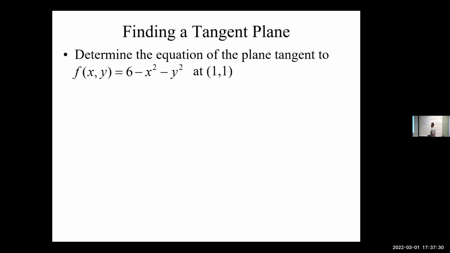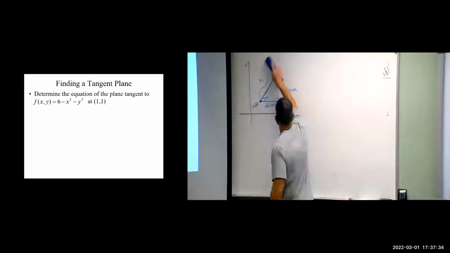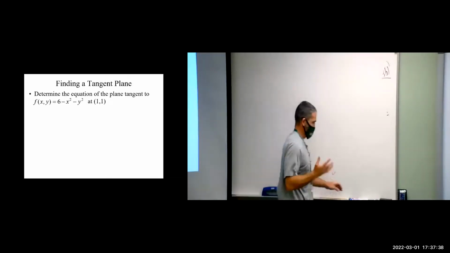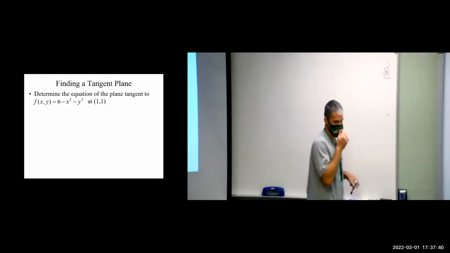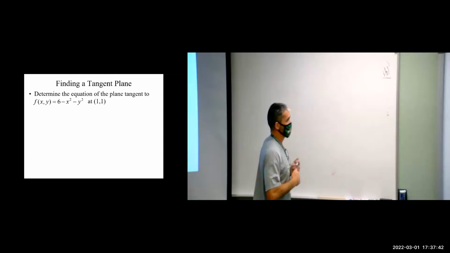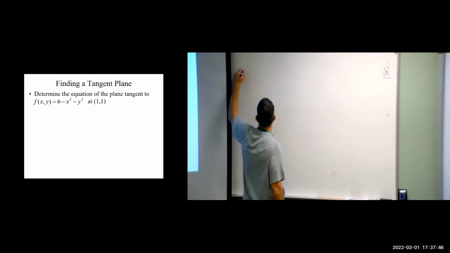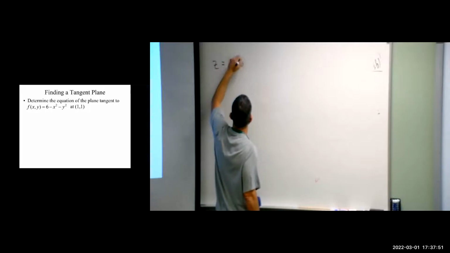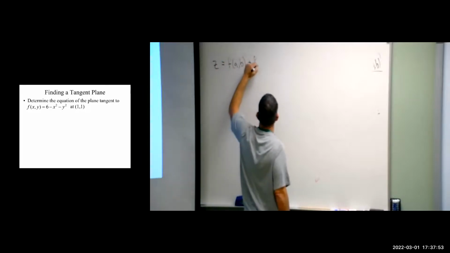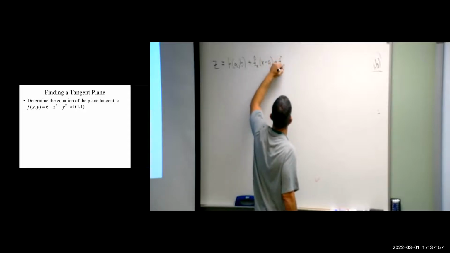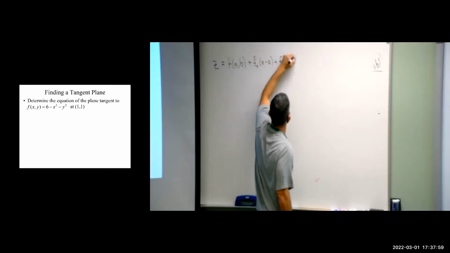All right, so let's do a tangent plane together. There's something I want to show you. All right, I said before, if you can find partials, you can find a tangent plane. Well, if we remember the formula for a tangent plane, f of a, b plus f sub x at a, b times x minus a plus f sub y times y minus b.